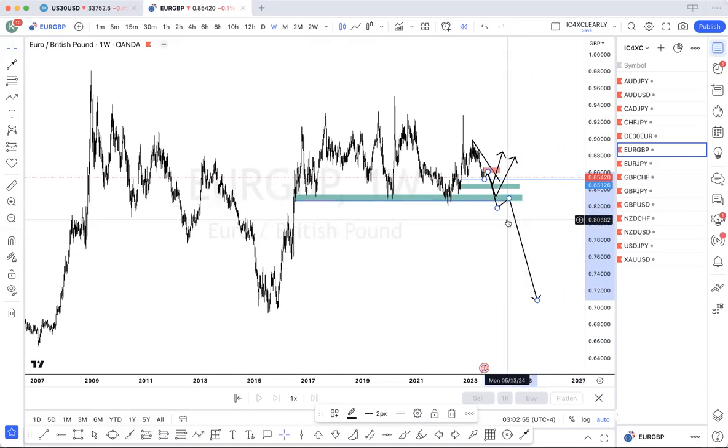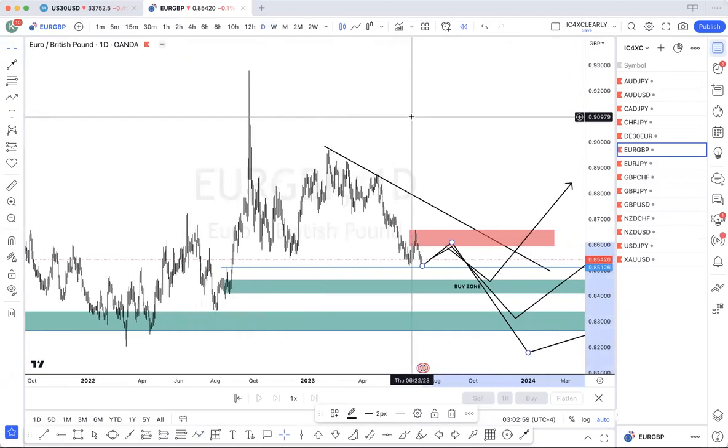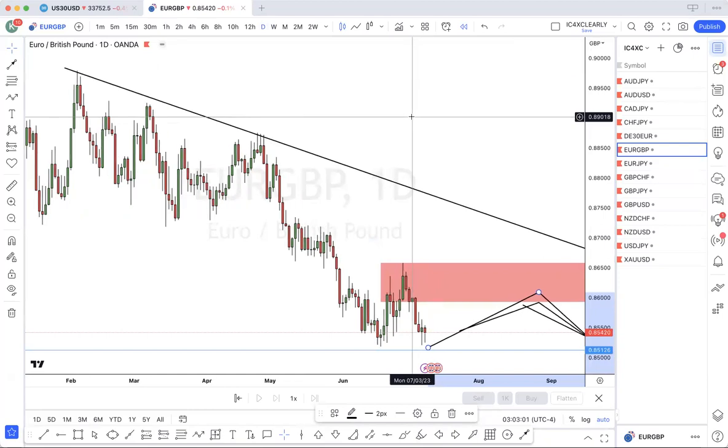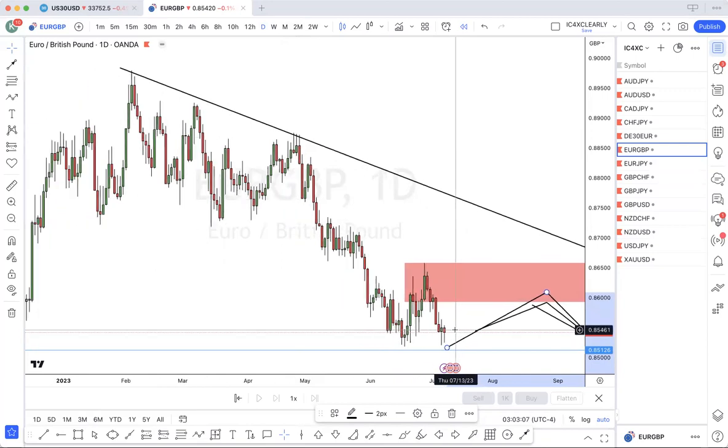That's Euro GBP. So the weekly is bearish. The daily is bearish. So it may not even pull back, but it's possible.